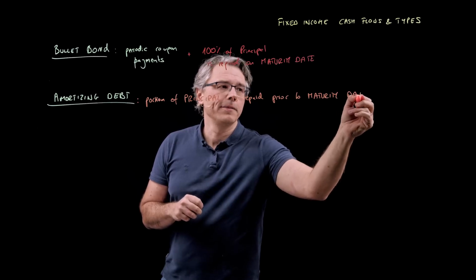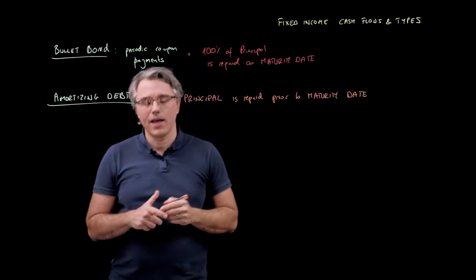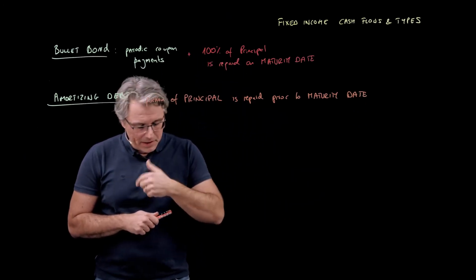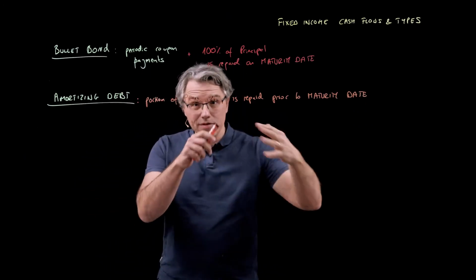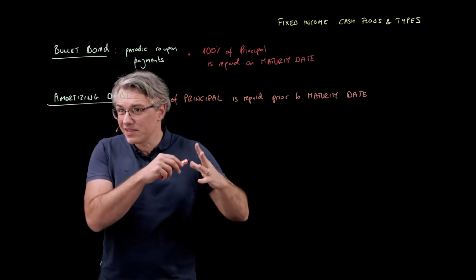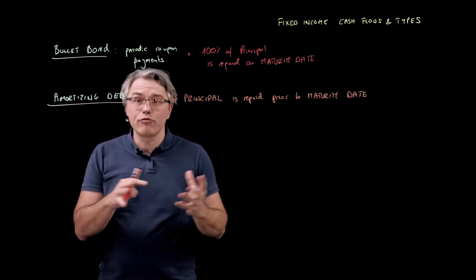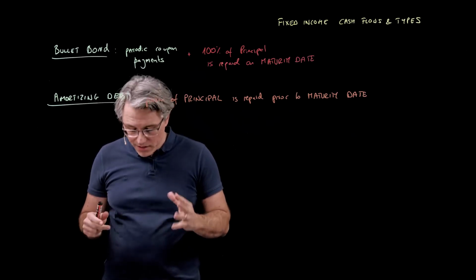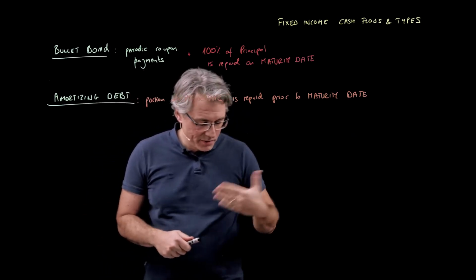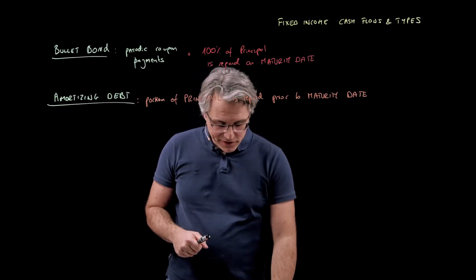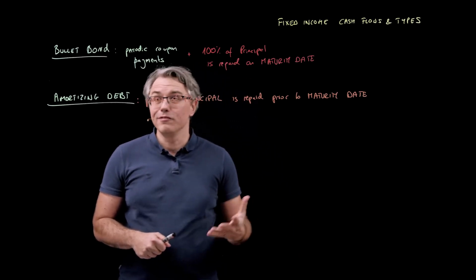And this may happen in a number of ways. The idea is that the principal repayment is in some shape or form spread over the life of the debt relationship. As I said, this is what typically happens if you, for example, take out a loan from a bank.